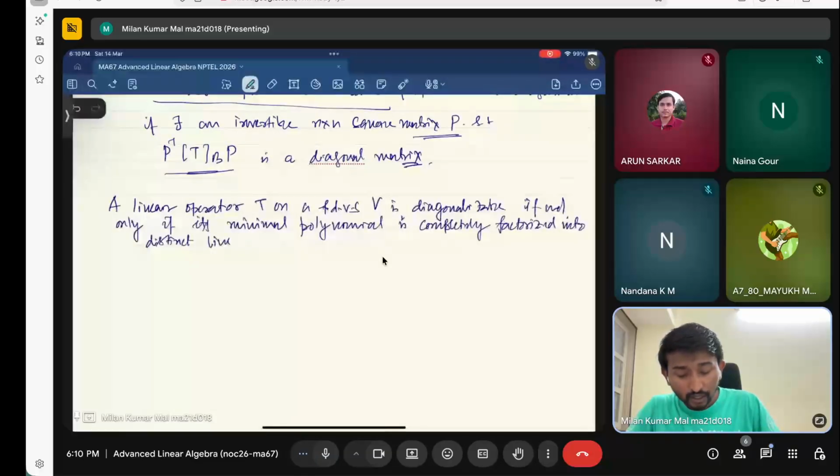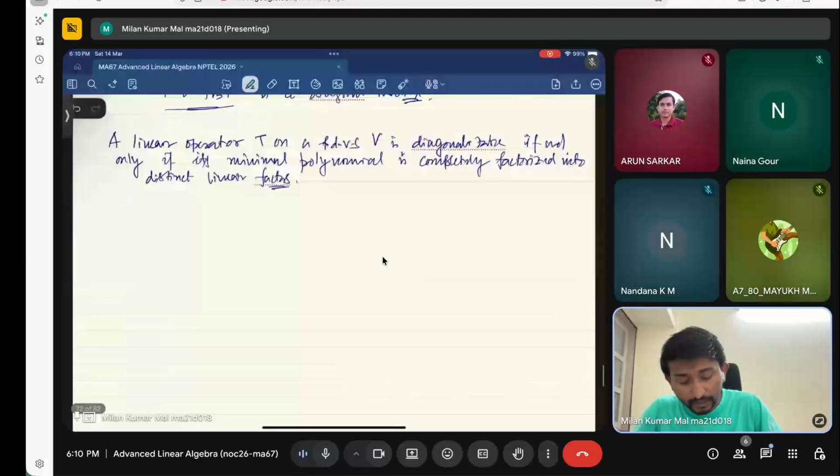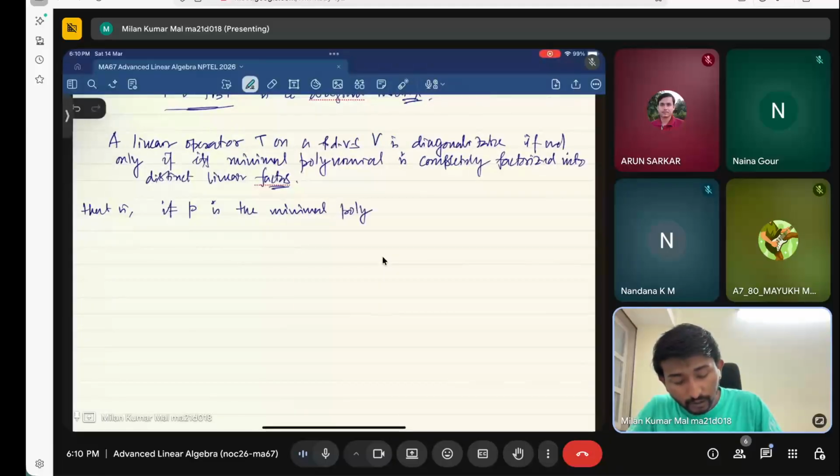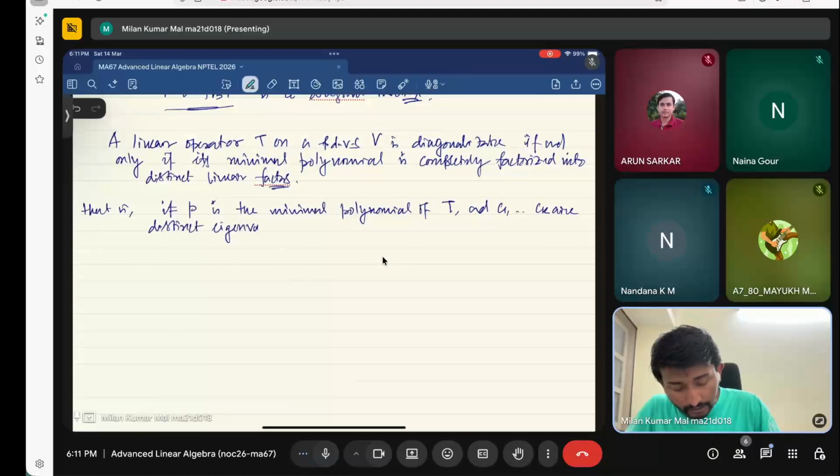What does this mean? This means, suppose P is the minimal polynomial of T, and c1 all the way to ck are the distinct eigenvalues of T, then P of x must be (x minus c1)(x minus c2) all the way to (x minus ck).